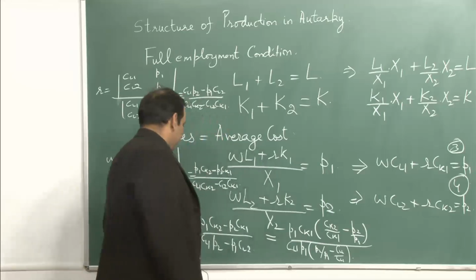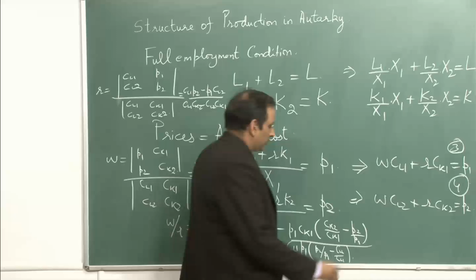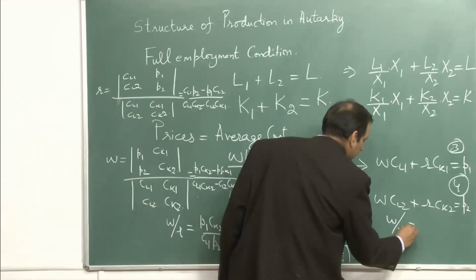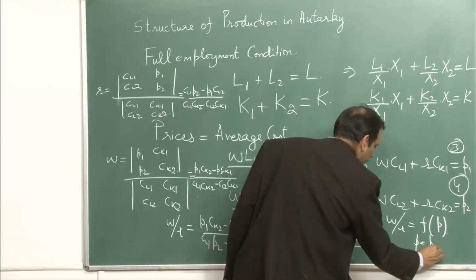Now, what is to be seen is that W by R eventually will become a function of P only, where P is P2 by P1.